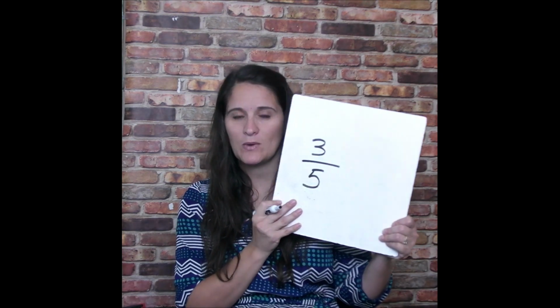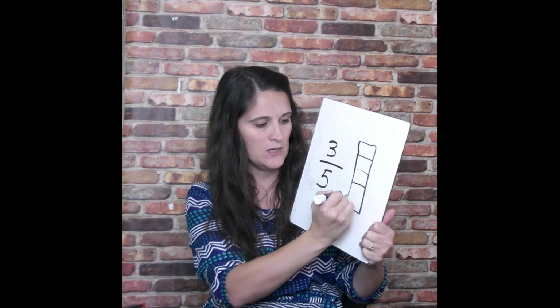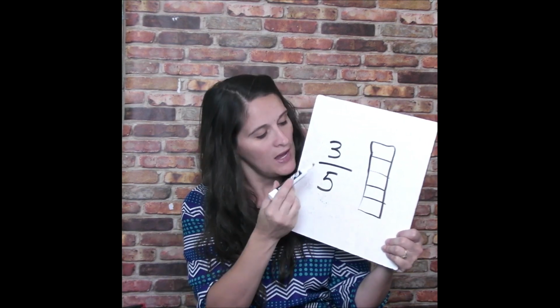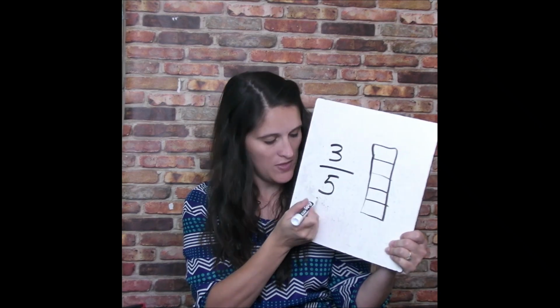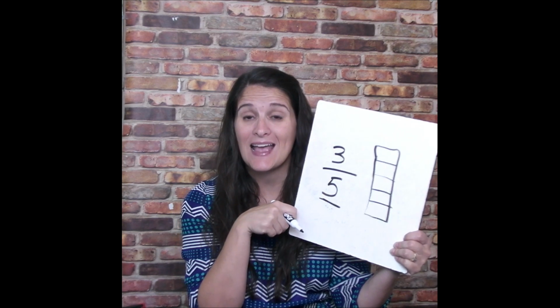So if I have 3/5, I have 5 over here and 3/5. Well, we know that my denominator is how many pieces I have total.